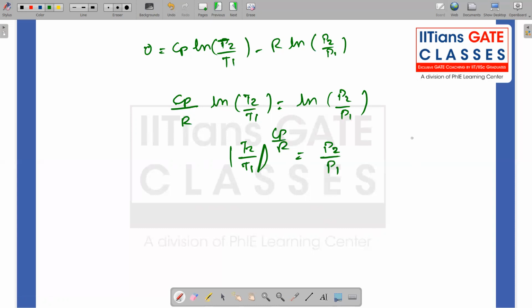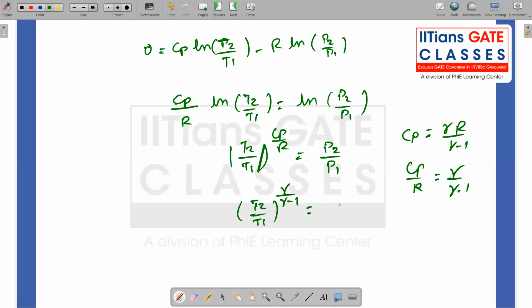Or else I can show that if Cp is equal to gamma R divided by gamma minus 1, that means Cp by R is equal to gamma divided by gamma minus 1. So I can use that over here. That becomes T2 by T1 to the power of gamma divided by gamma minus 1 equal to P2 by P1. Right?